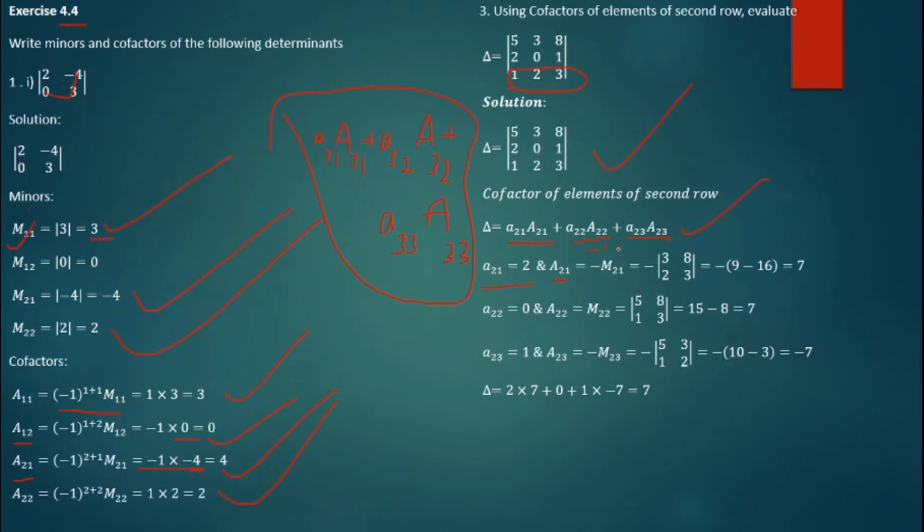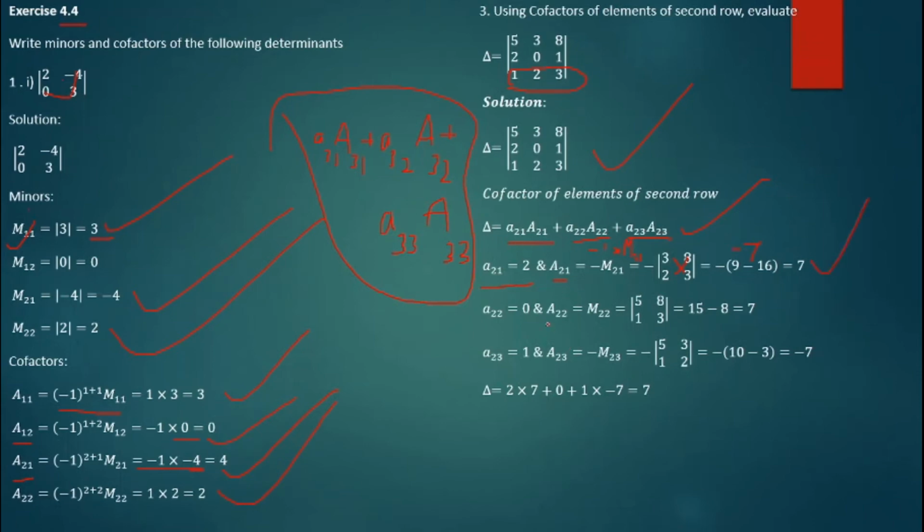Don't get confused why I am writing this directly as negative; you can write it directly, no problem. So minus 1 into M21 equals minus 1, 3 into 3 minus 2 into 8, 9 minus 16. 9 minus 16 is negative 7, and negative 7 into negative is positive 7.